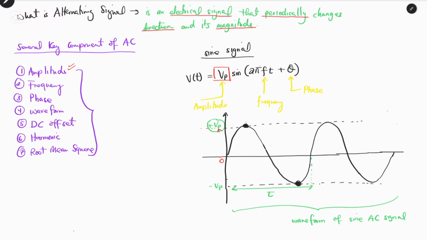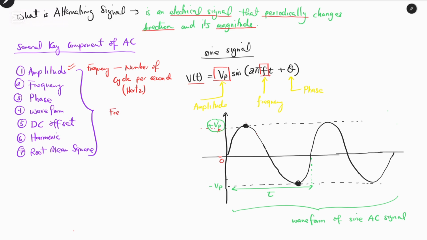Now, when we talk about the frequency, frequency is a component in a signal, especially the analog signal, and it can be defined as the number of cycles per second, and it is measured in hertz.